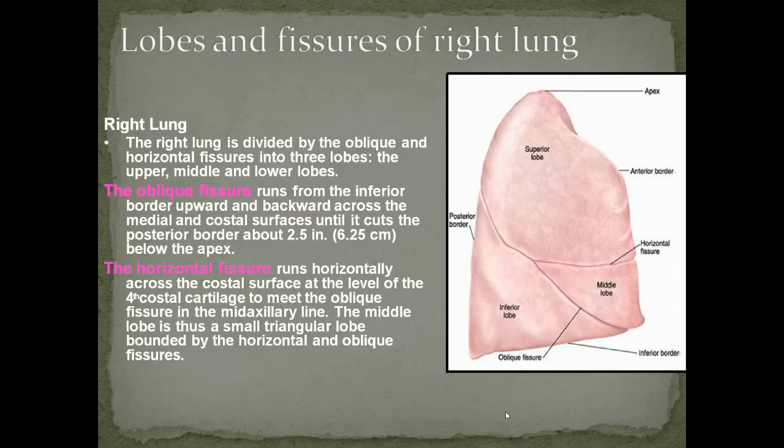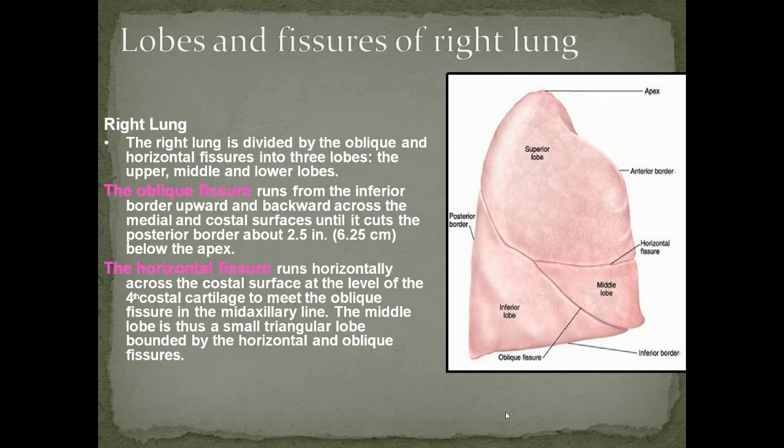Now we will see the lobes and fissures of the right lung. The right lung is divided by the oblique and horizontal fissures into three lobes: the upper, middle and lower lobes. The oblique fissure runs from the inferior border upward and backward across the medial and costal surface until it cuts the posterior border 2.5 inch below the apex.